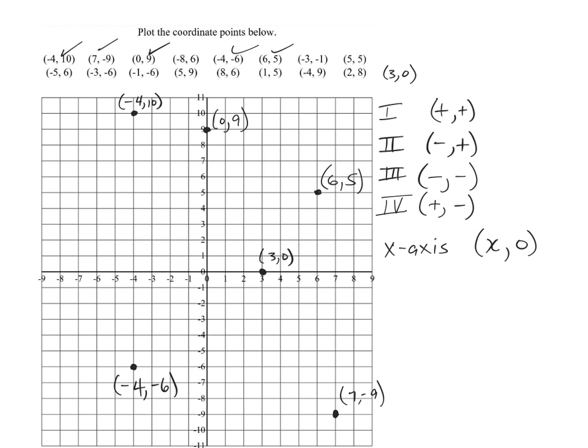It's going to have some number for x, but always a 0 for y. Any point on the y-axis is going to have a 0 for the x and then any number for the y coordinate. We'll talk about that a lot more later.